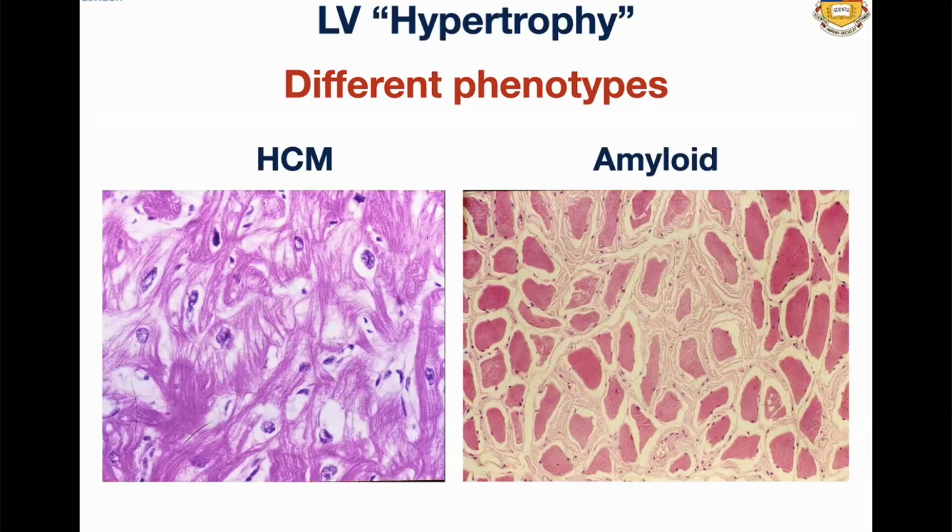So because we are going to talk a lot about hypertrophic cardiomyopathy, you know that the histology is greatly different between the disarray of myocardial filaments in patients with hypertrophic cardiomyopathy, whereas in amyloid heart, there is no disarray.